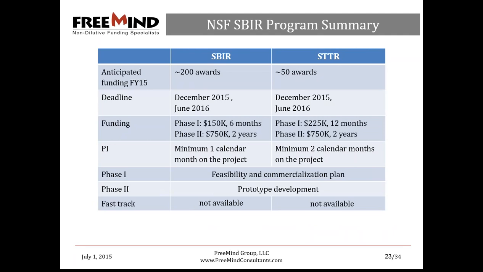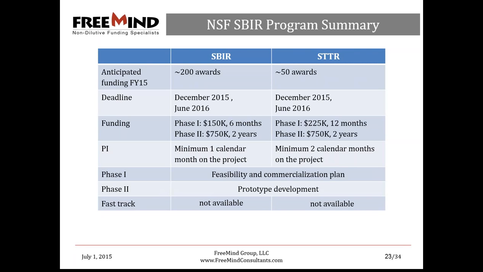Looking a little bit more in depth into the NSF SBIR program. The anticipation is about 200 SBIRs and 50 STTRs to be awarded this year. And the deadlines, the upcoming ones, as I mentioned, are December and then June of next year. Funding I already touched on, and there are a few more details here.